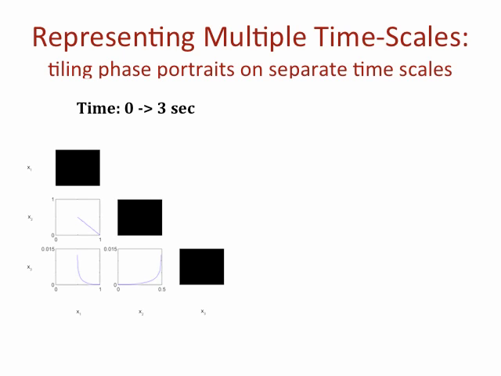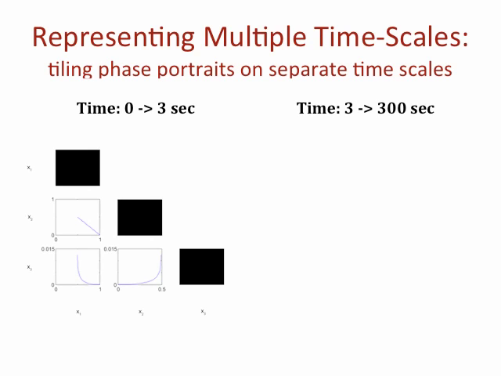So here is an example of this sort of an array where I have just filled in half of it. The diagonal blocks are just blacked out. And on a particular time scale, 0 to 3 seconds in this case, I can plot the three phase portraits. For instance, x1 versus x2 is a line with a negative slope of -1.